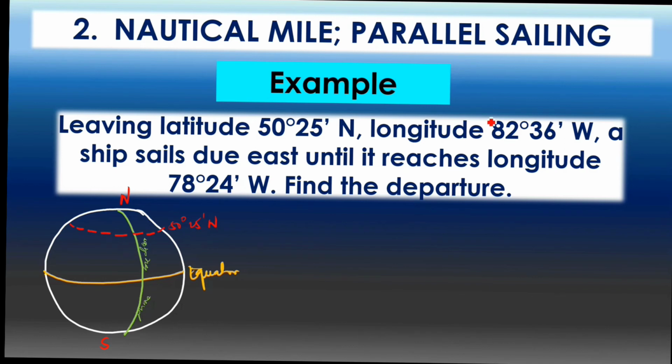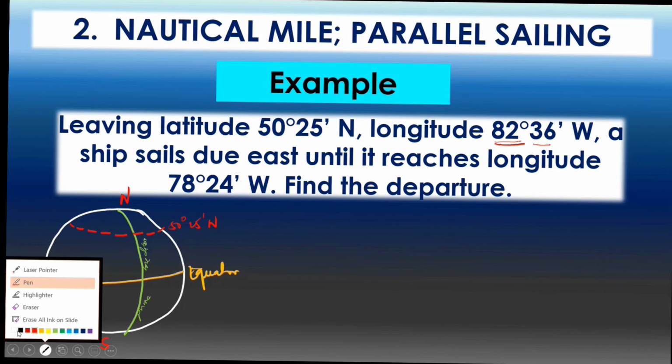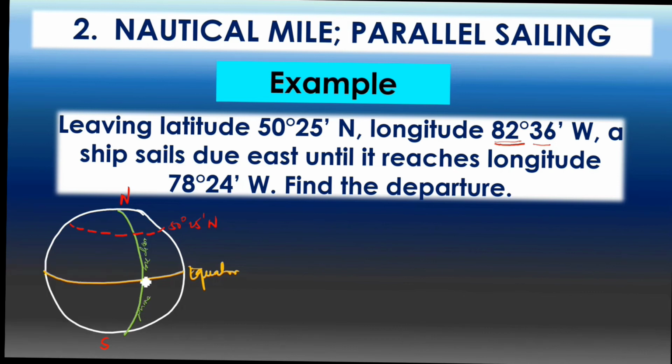Next, for longitude, we're going to measure 82 degrees and 36 minutes west. From the prime meridian, say that this is, for example, 90. So the 82 is somewhere here.